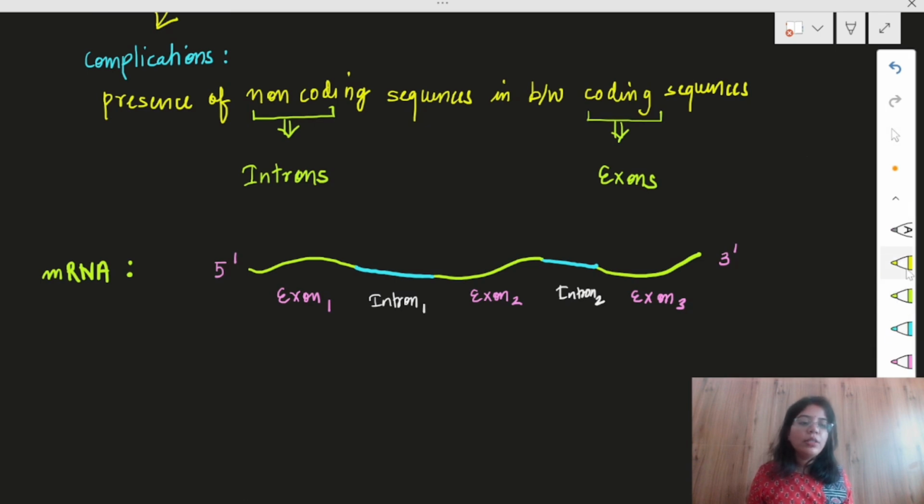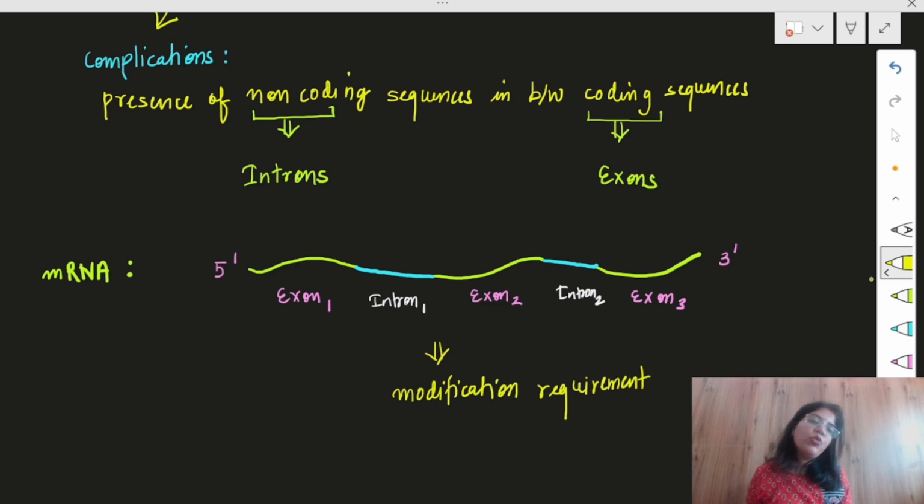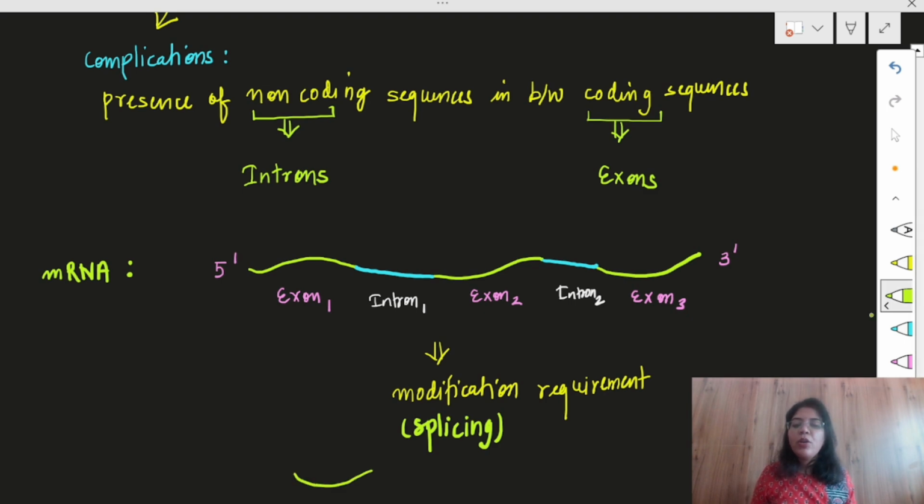So this messenger RNA requires modification. And the type of modification which you are going to do here is called splicing. What is splicing? You will cut all the introns, and you will join back all the exons together.